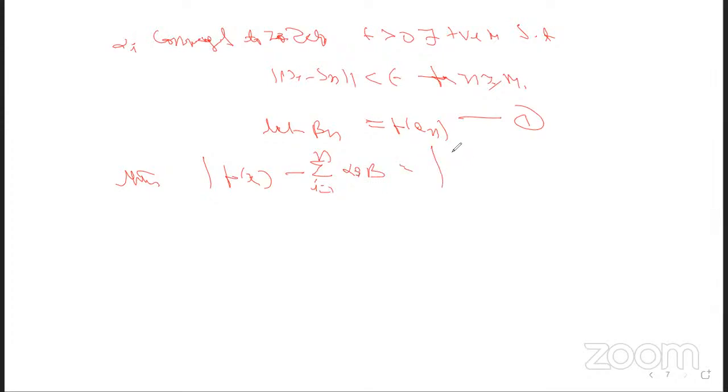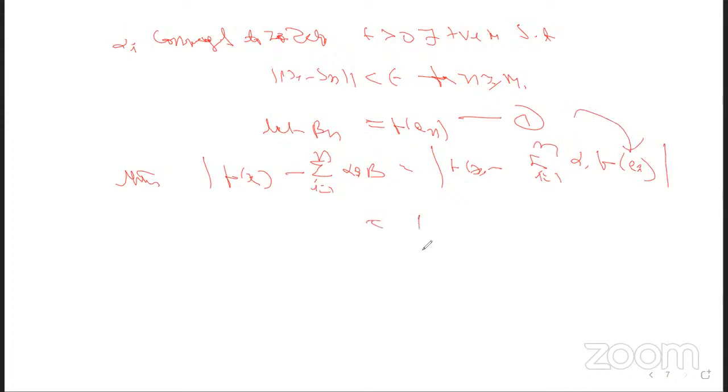Now, mod of f of x minus sigma i equal to 1 to n alpha i, we can write it as f of ei, from 1 we wrote.